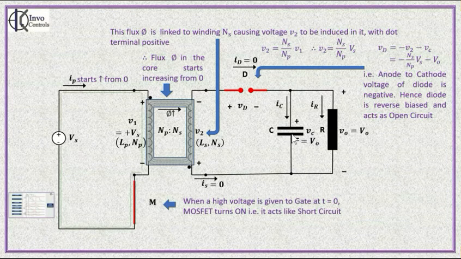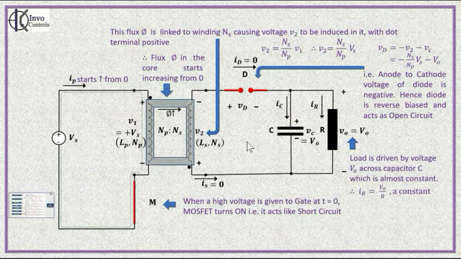As you can see, the capacitor is supplying the energy to the load. The capacitor has a large value of capacitance. We had earlier mentioned it. Hence, the voltage across the capacitor can be considered to be constant. This voltage appears across the load, and the capacitor can be considered to be driving the load.